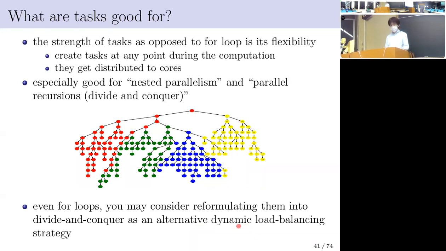With task scheduling, when you have so many tasks created at runtime, the runtime system tries to distribute these tasks across all the threads at runtime. It's somewhat similar to dynamic scheduling, but more general. So you may also consider task parallel formulation as an alternative load balancing strategy.